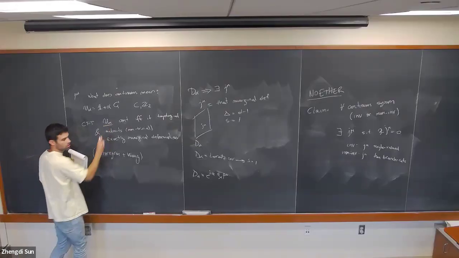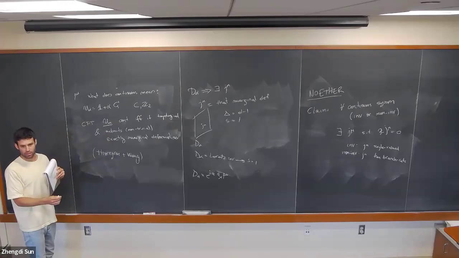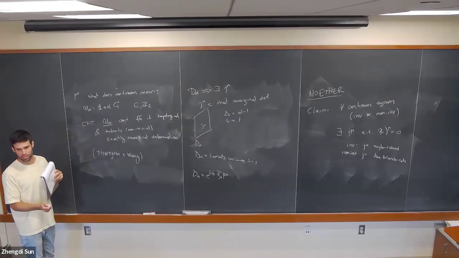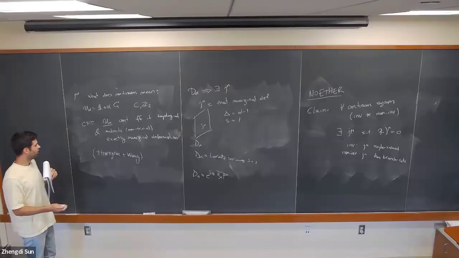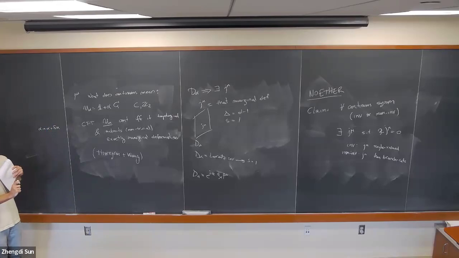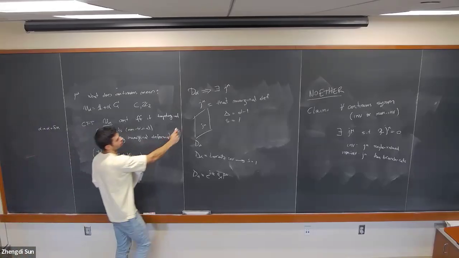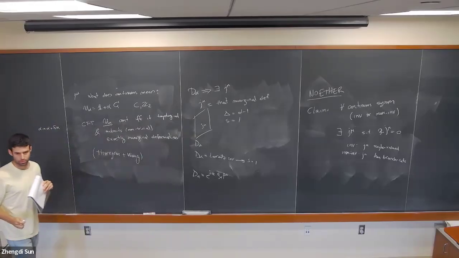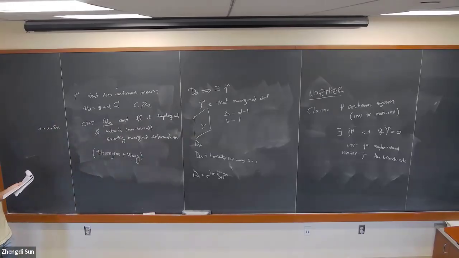I'm defining a continuous defect as something that admits an exactly marginal deformation. Basically, the deformation is whatever takes alpha to alpha plus delta alpha. So if it depends continuously on alpha, there has to be some operator that induces that transformation. If I want to shift alpha, I can shift alpha by inserting an operator on the defect.